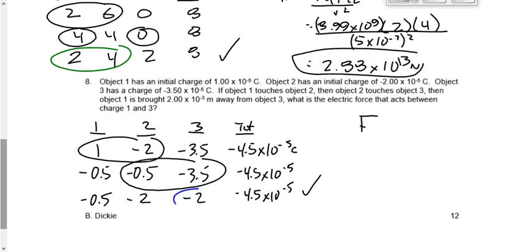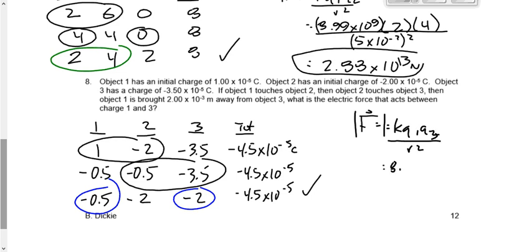What's the force between 1 and 3 now? It's K, we'll call it Q1, Q3 over R squared. 8.99 times 10 to the 9 times 0.5 times 10 to the negative 5. Notice I dropped the sign of the charge.